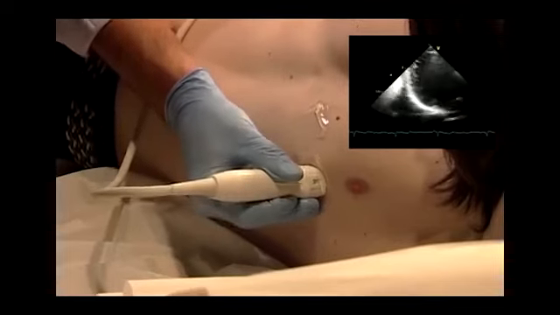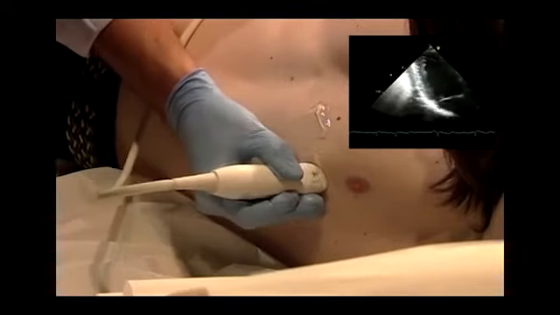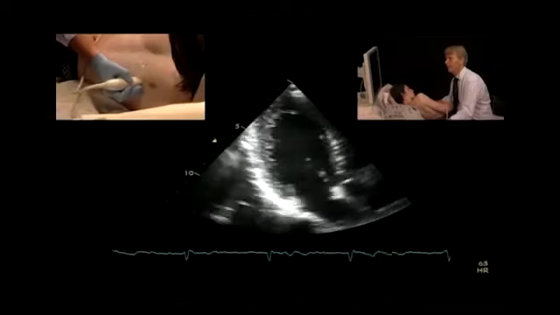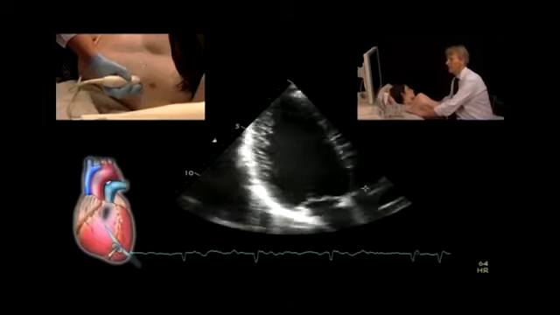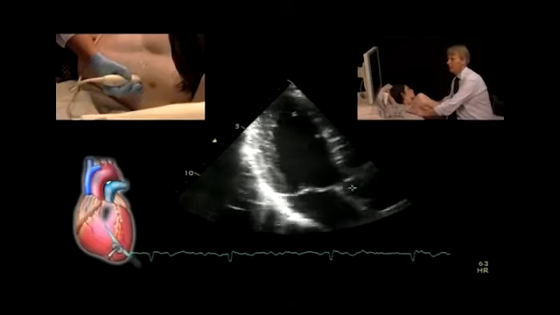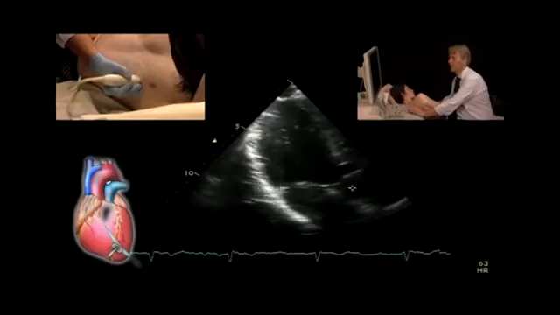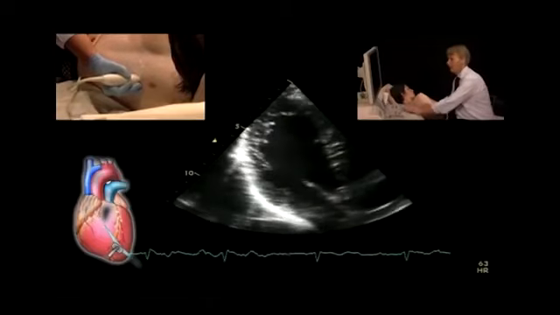So when you rotate from the 2-chamber to the apical long axis view, you have to rotate until you finally see the LVOT and the aortic valve. Once you see those structures, you're there.